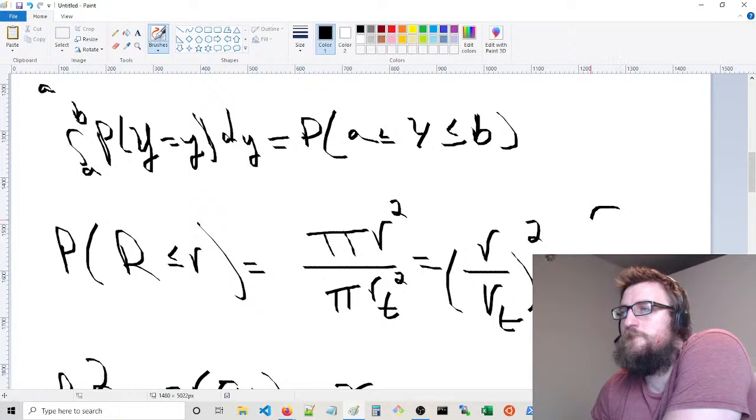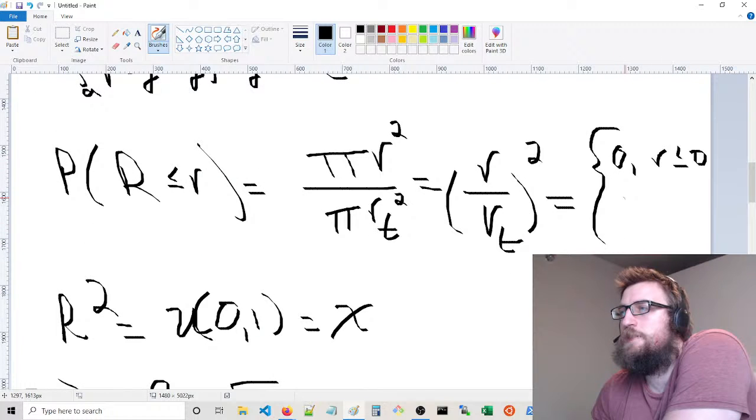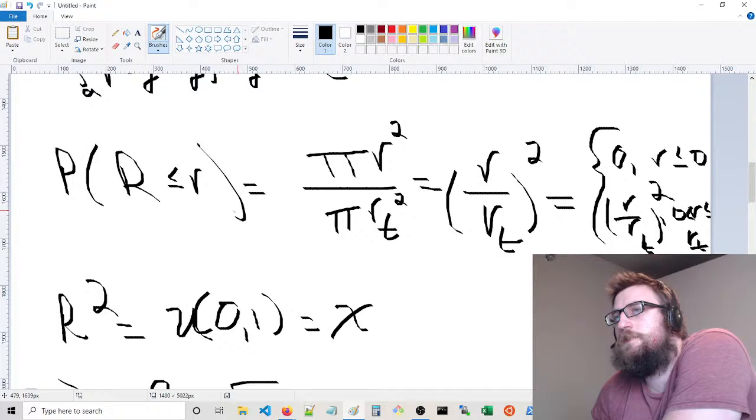And we know that this is 0 if r is less than or equal to 0. We know this is r squared over rt squared if r is between 0 and rt, and then we know this is 1. So that's the thing.